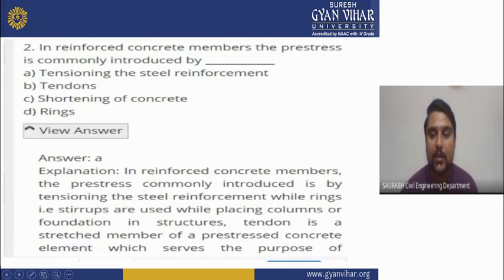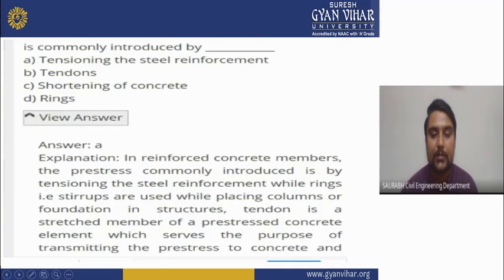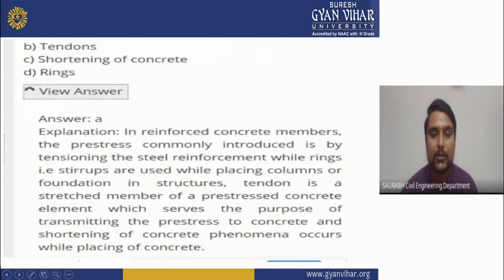And I have also written an explanation which will be helpful for all the students. In a reinforced concrete member, the pre-stressing is commonly introduced by the tensioning of steel reinforcement, while rings and stirrups are used while placing a column or foundation in a structure.